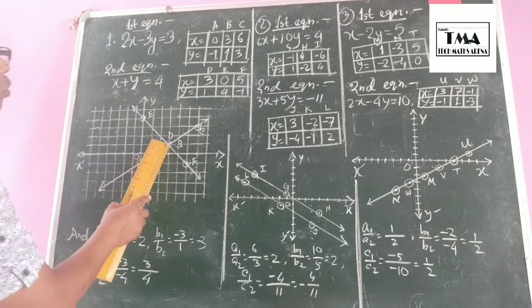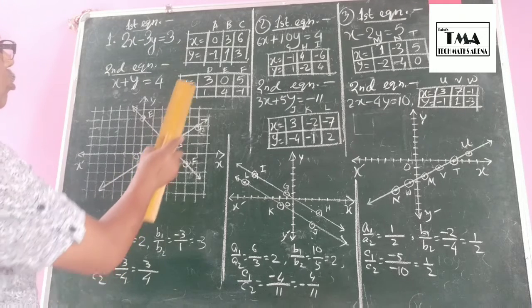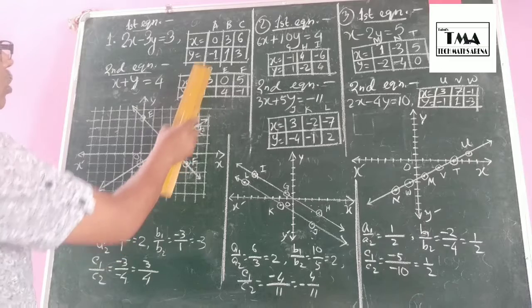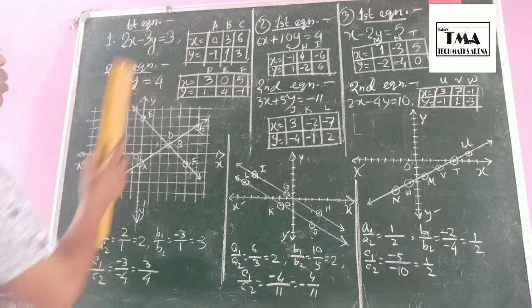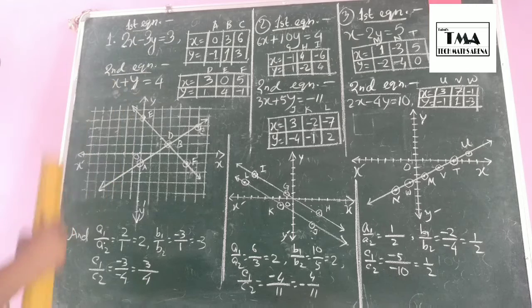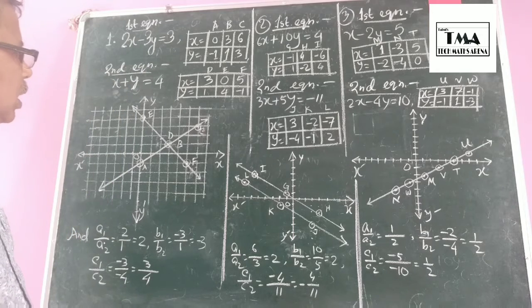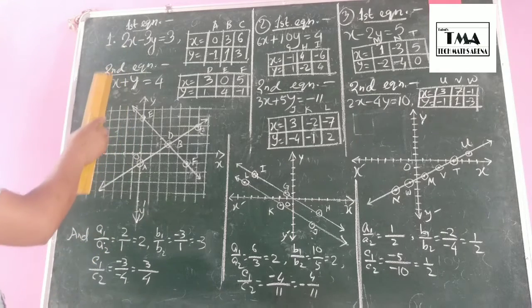That is, here the coordinate pair is 3, 1. So x is equal to 3 and y is equal to 1 is the solution of these two equations.